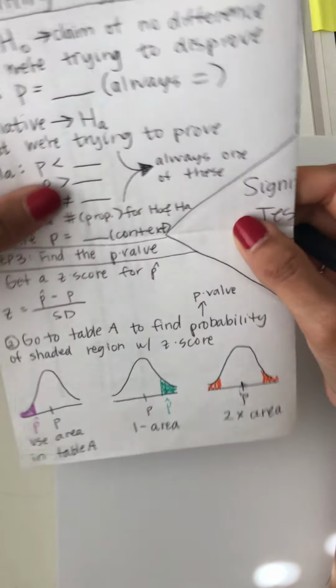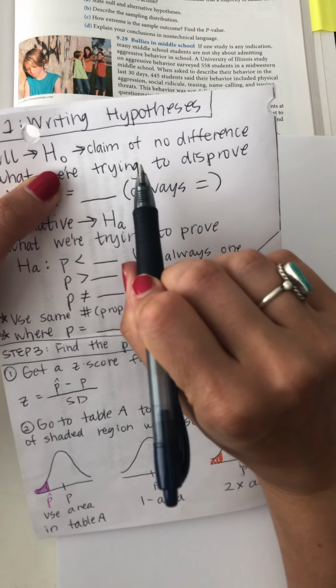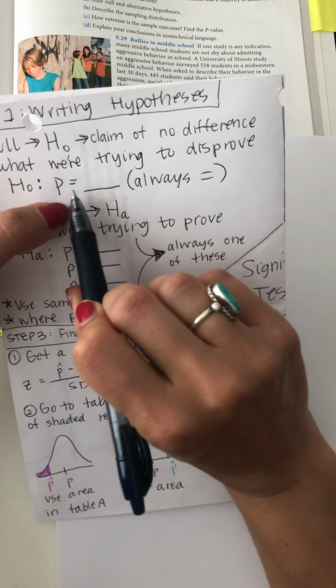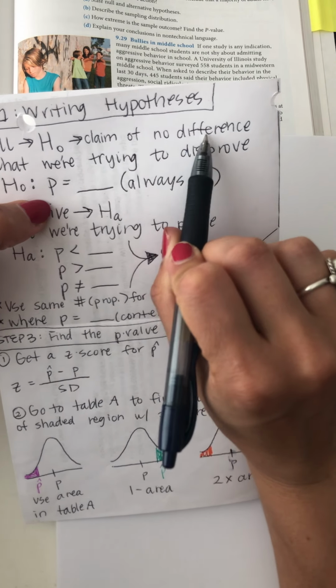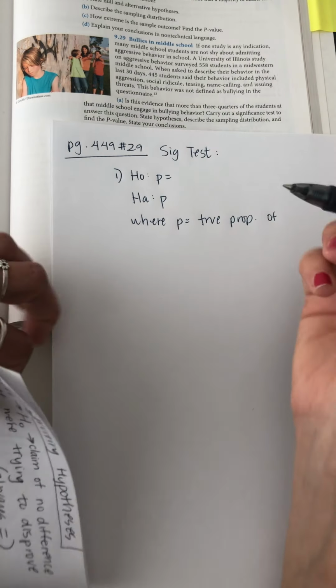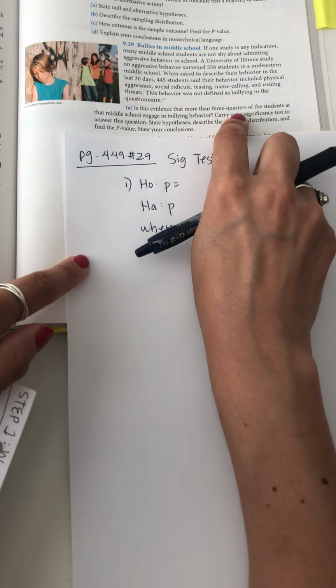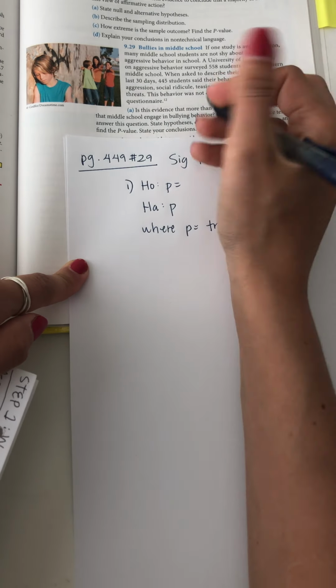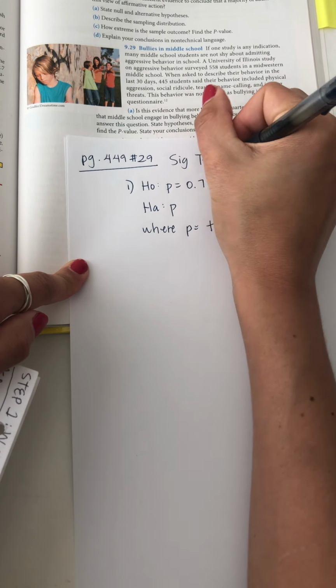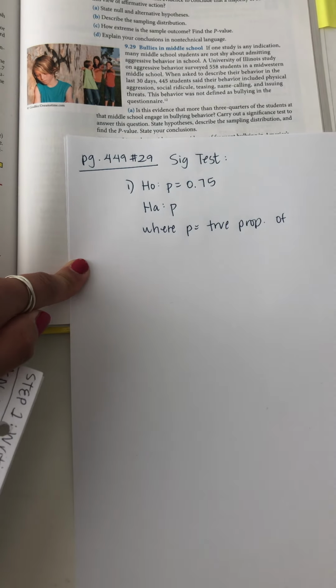The H-naught is the claim that we're trying to disprove. It's always equal to. What is the claim here? And the claim here in the problem is that 75% or 3/4 engage in bullying. So the claim is 75%.